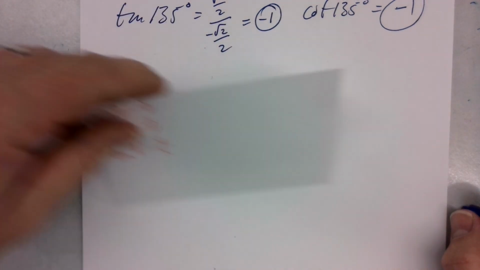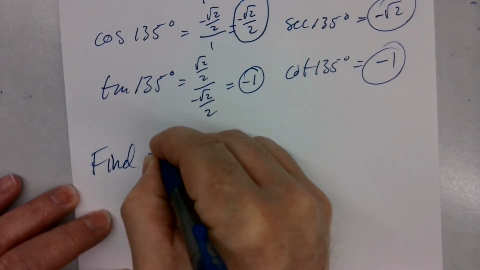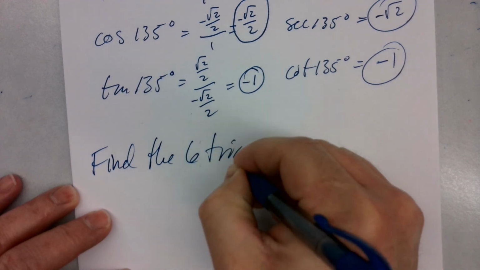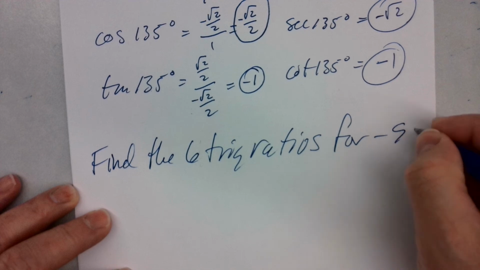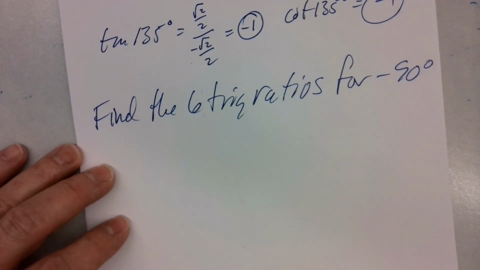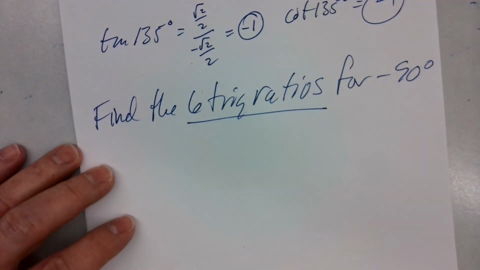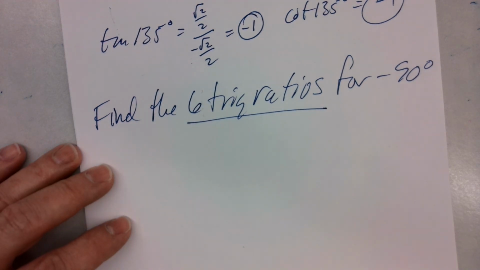We all got that written down? Okay, so let's say I said this: find the 6 trig ratios for negative 90 degrees. Now when I say 6 trig ratios, what am I asking for? Sine, cosine, and tangent, those 3 and their inverses, those 6, right?